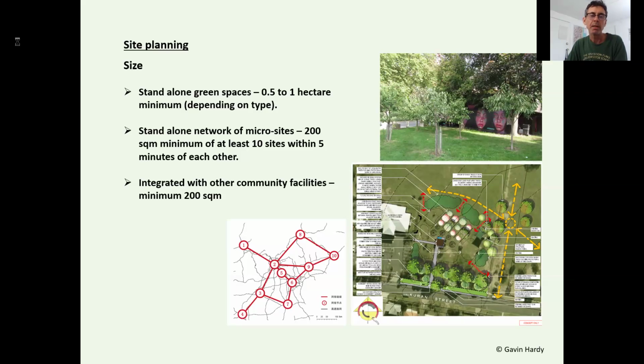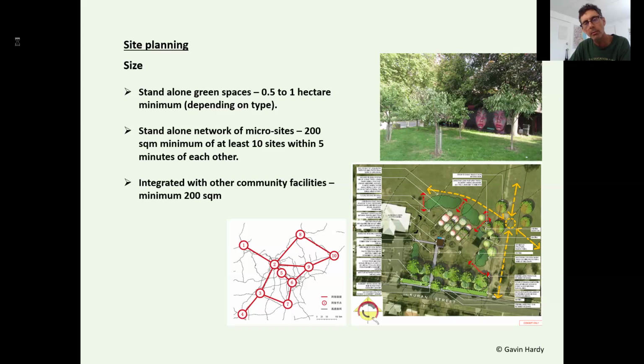And there are some basic metrics, some starting points that people can work with. For standalone green spaces, we need a minimum of 0.5 to 1 hectare, depending on the type. You can have a standalone network of microsites.